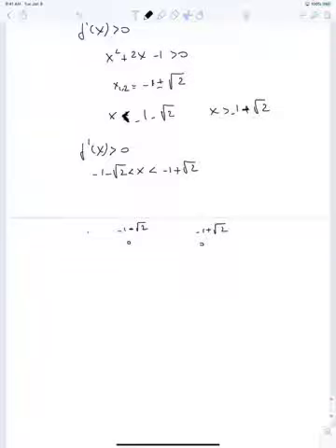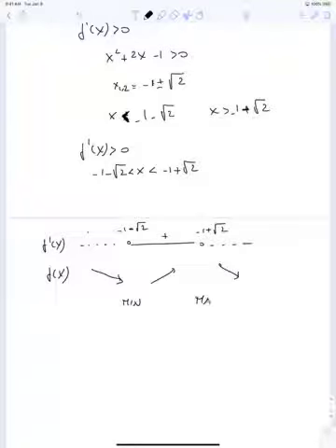So it's negative here, it's positive here, and it's negative here. So it means that f of x decreases first, and then it goes up, and then it decreases again. And here we have the minimum and the maximum.